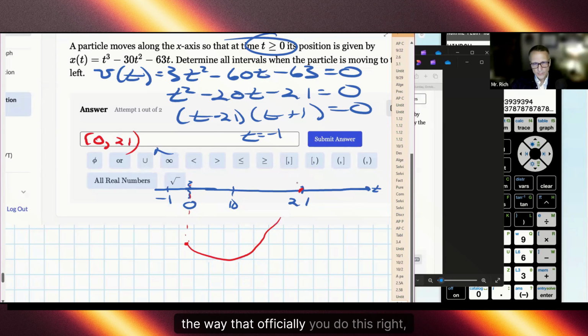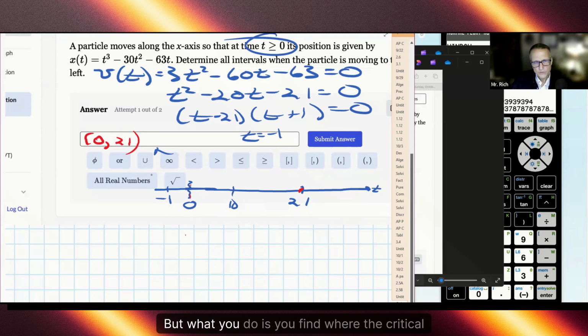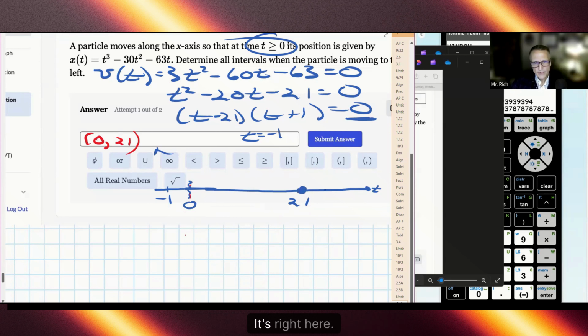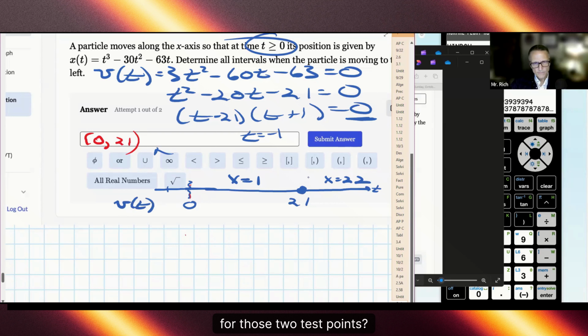Now, let's talk about the way you officially do this. I did this because I knew it was a parabola, but what you do is find the critical values, where the derivative is 0, where the velocity is 0. It's right here. Then I would pick a test point: the number 1, which is between 0 and 21, and the number 22. What I'm interested in is the velocity at those two test points, and I use the factored form up here.